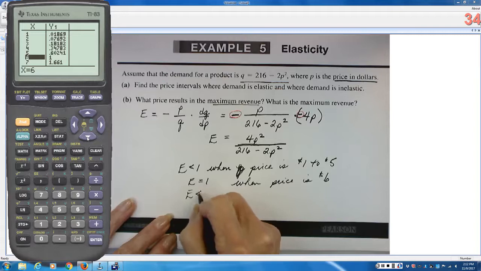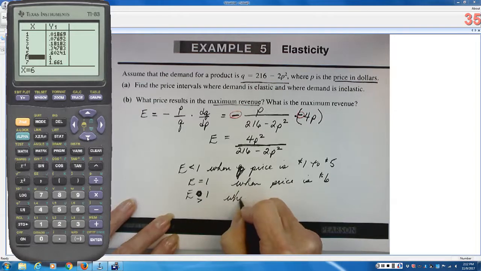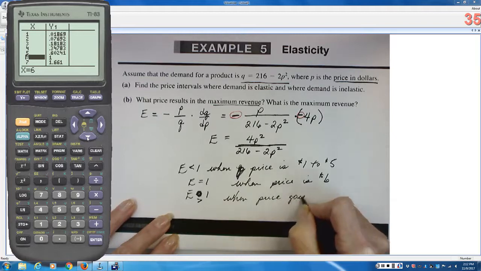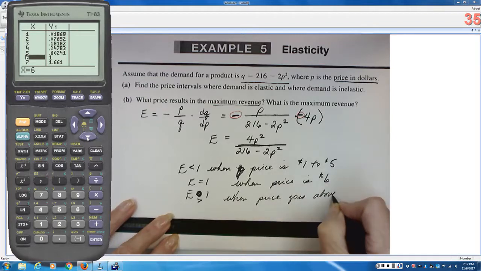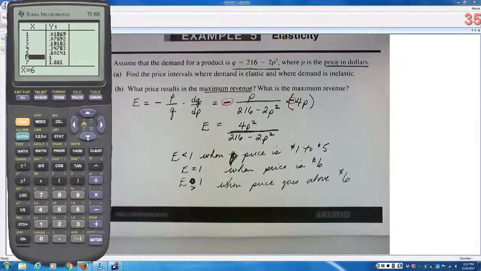And E is greater than 1 when the price goes above $6. Okay?